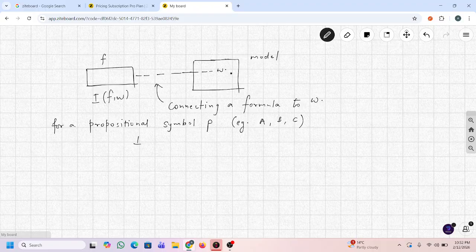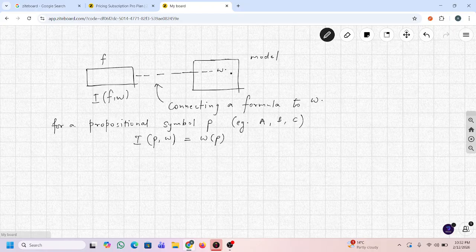Then I of p comma w is equal to w of p. What is w? w is an assignment, and this p can take Boolean values.